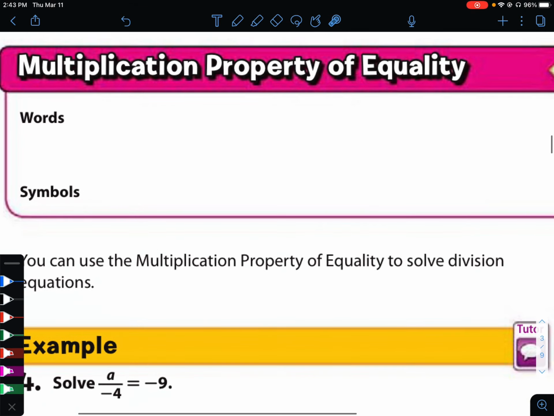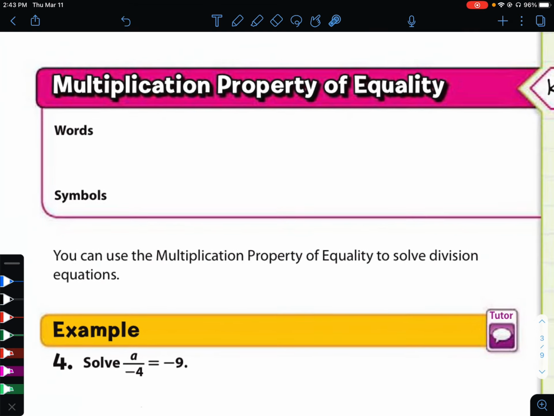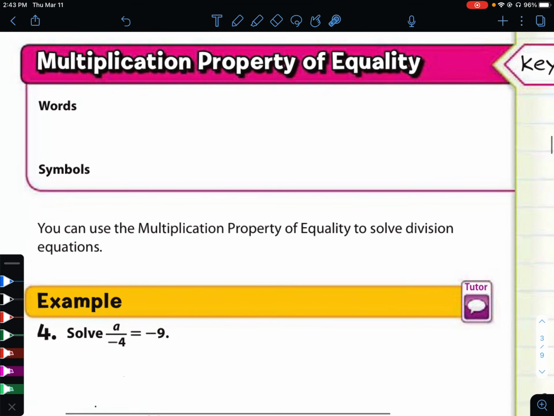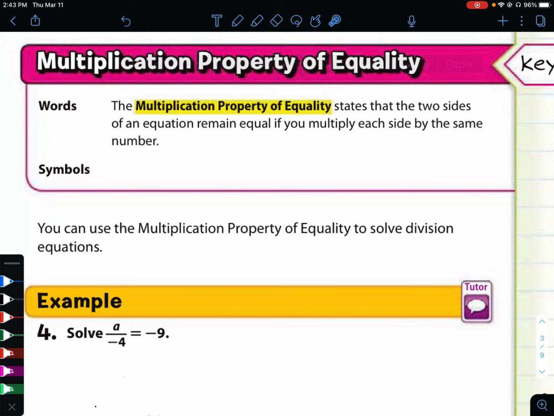So the multiplication property of equality works very similarly to the division property of equality. In words, what it's saying is this. It states that the two sides of an equation remain equal if you multiply each side with the same number.